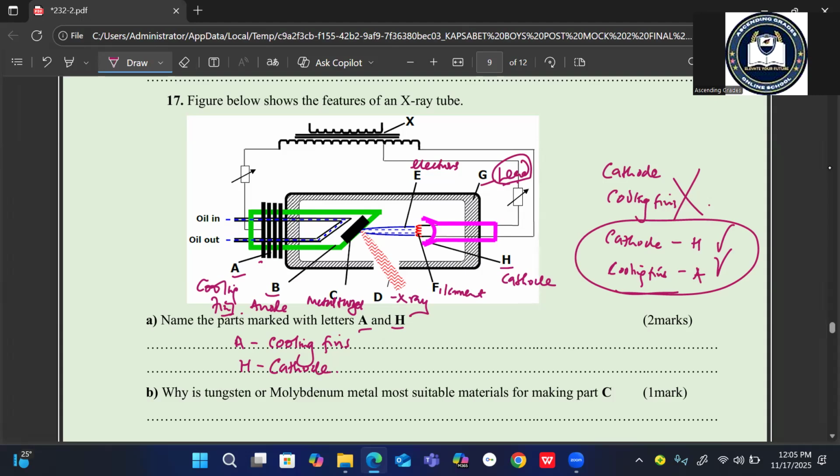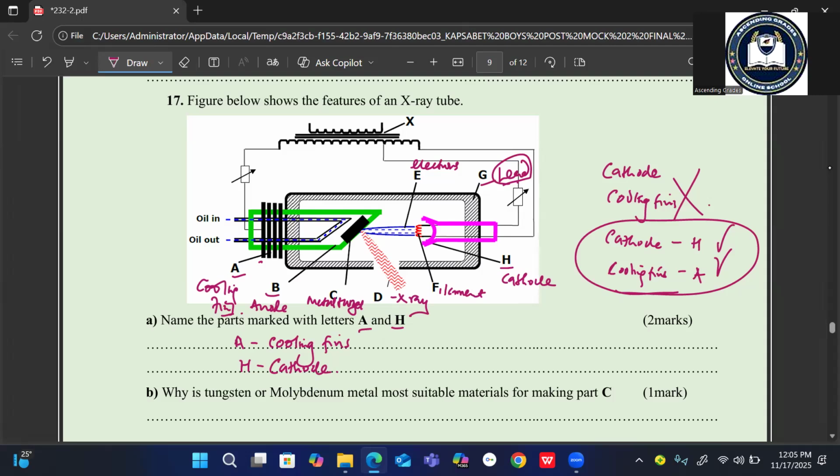Why are tungsten or molybdenum metal the most suitable materials for making part C? We are talking of the metal targets.